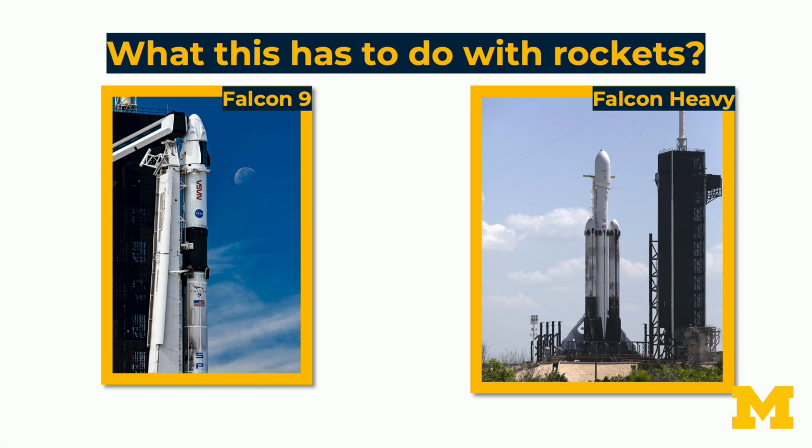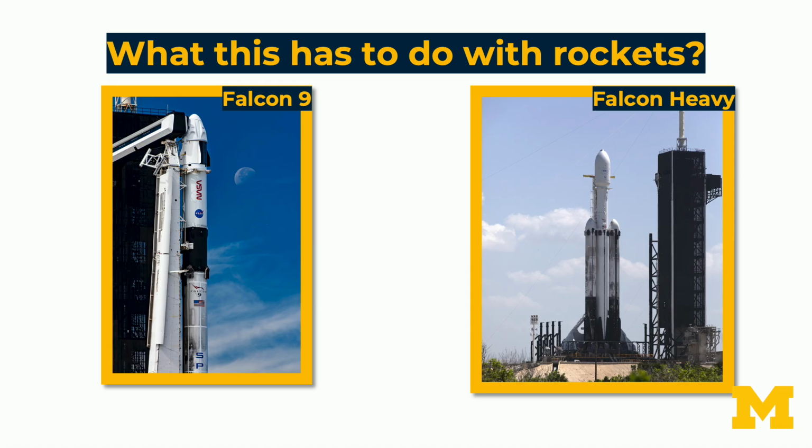So what does this have to do with rockets? Let's take the SpaceX Falcon 9. It is a certain size and it can take a certain amount of stuff to orbit. It has a certain thrust. If you wanted to take more stuff up to orbit, you want more thrust. So how do you do that?